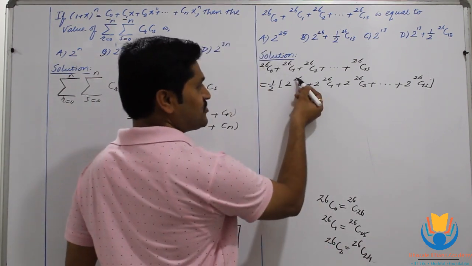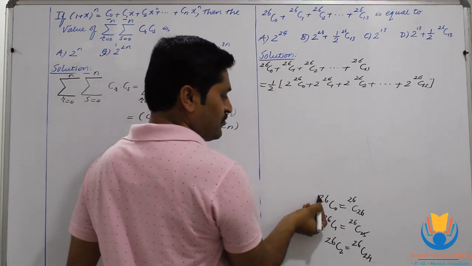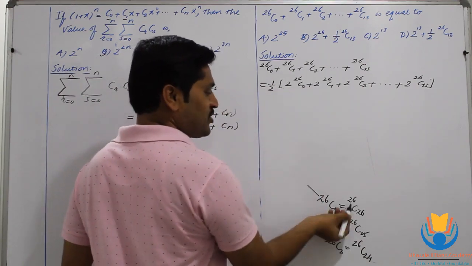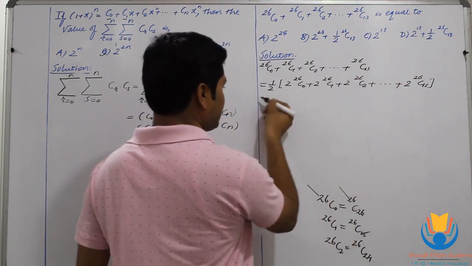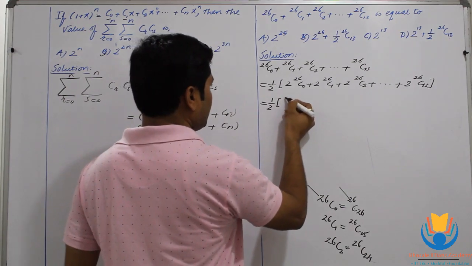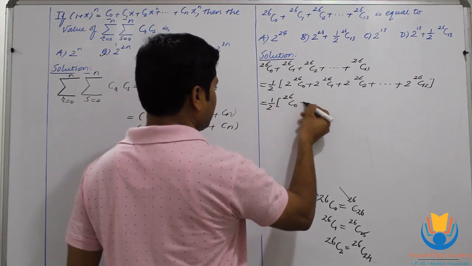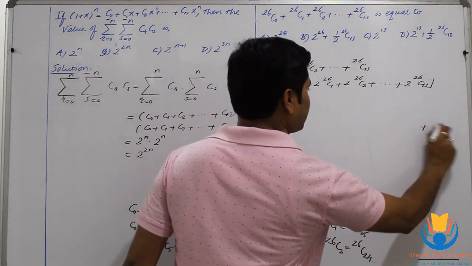So as you can see here, 26C0 is present twice. One we will write as 26C0 and the other we can write as 26C26 at the last. So the same can be written as half into 26C0, and the last term 26C26.